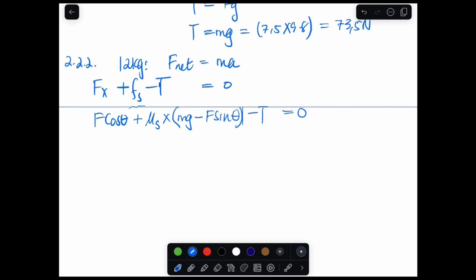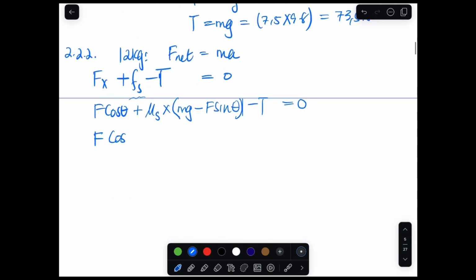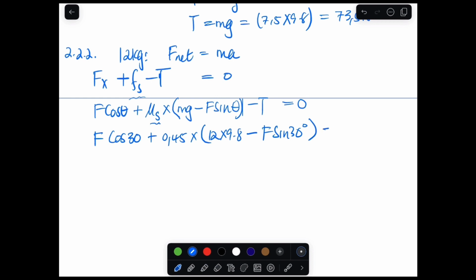Okay, so we're substituting what we have now. The angle is cos 30, it's cos 30 plus the mu s, which is 0.45, times our mass, which is 12 times 9.8, minus F sine 30 degrees, minus T is equal to 0.